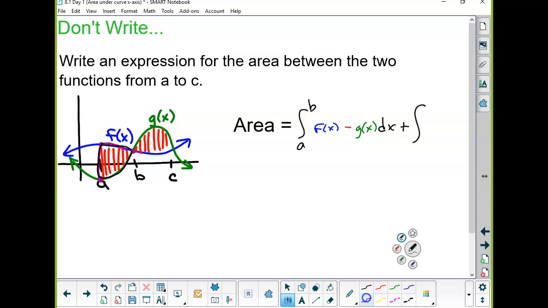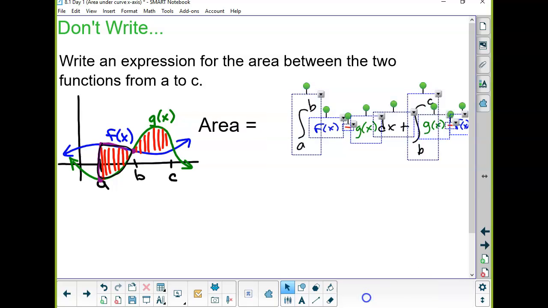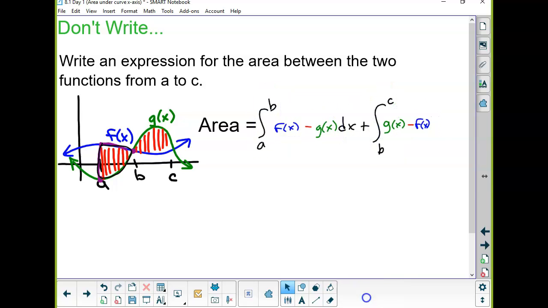And the second piece goes from B to C, but this time g of x is on top versus the bottom is f of x. And of course, so, if you see this, that just means you have to set up two different intervals.